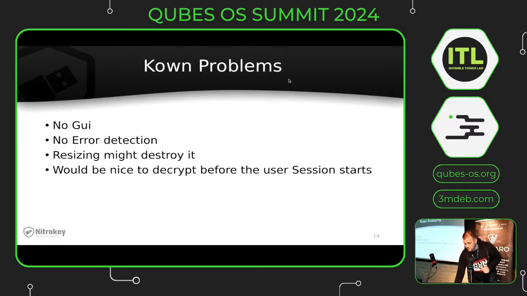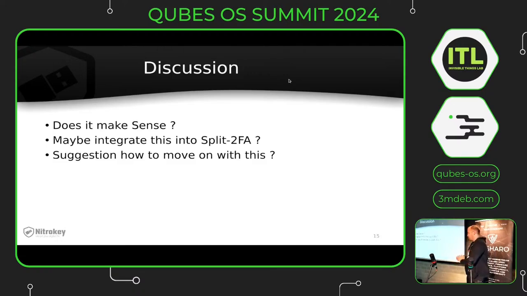But what I wanted to show is that it's possible and quite easily implemented in existing Qubes, and I really like the idea of this feature. So my question is, does it make sense to you? Also, what I didn't look into much is the existing split two-factor authentication feature.